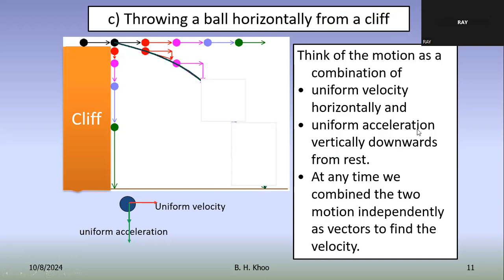And at the second second, the pink one, combine the vectors. Third second, combine the blue one, horizontal and vertical, to get the resultant. And at 4 seconds, the green one, horizontal and vertical, to find the resultant velocity.